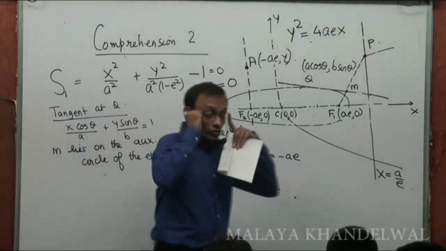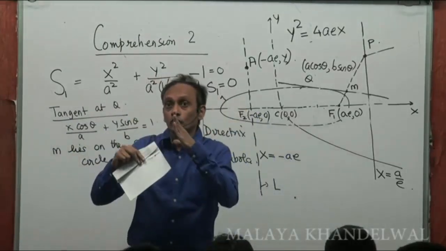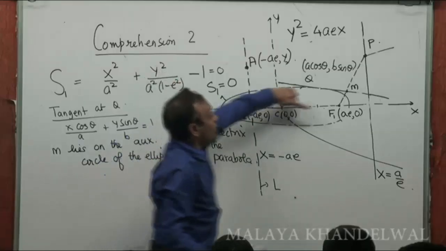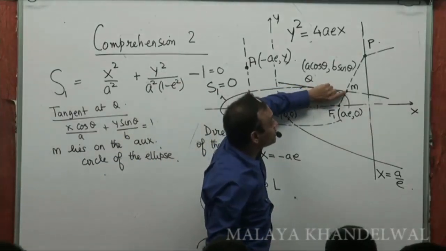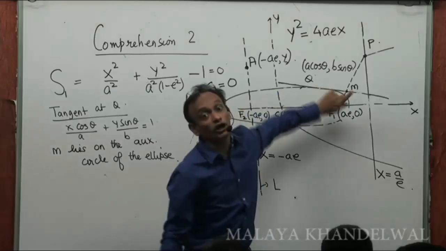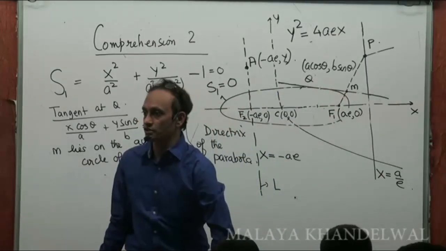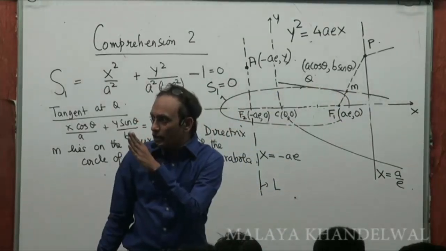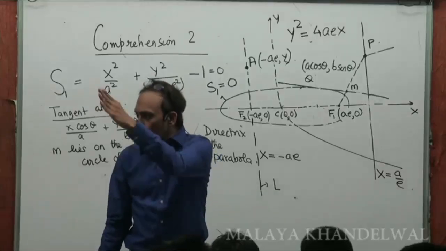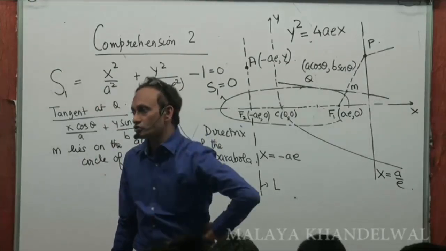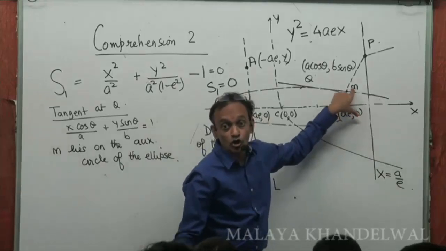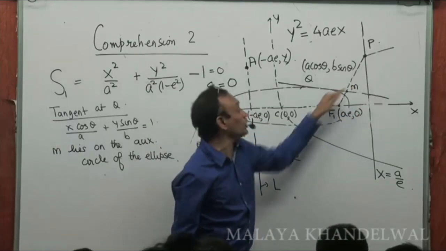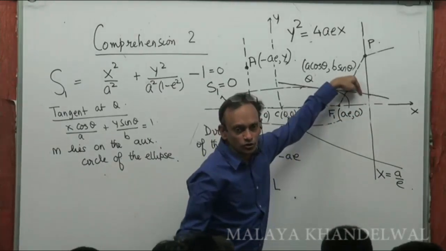Now, if you recall a result, the perpendicular drawn from the focus onto any given tangent, the foot of that perpendicular always lies on the auxiliary circle. The foot of the perpendicular from the focus onto any given tangent lies on the auxiliary circle. Now, M is known to lie on the auxiliary circle. So, M must be the foot of the perpendicular from F onto this tangent.